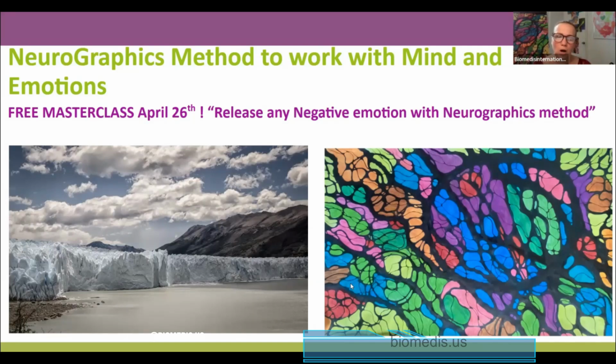If you look inside of our body, we also have all those bio lines. Our blood vessels, lungs, bronchioles, brain, neurons, we're using those bionic lines to create anything. The neurographics can help you with any project in your life, including healing. And on the right side, you see what neurographics looks like.